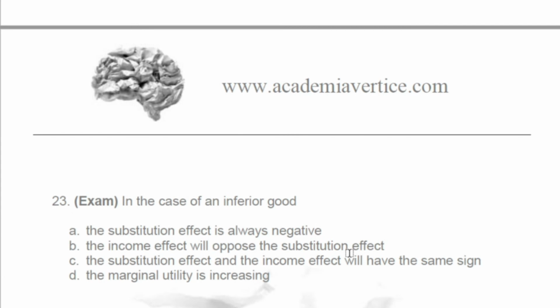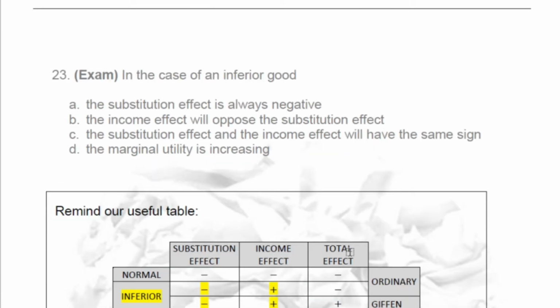Okay. Another exam question. In the case of an inferior good, and again the table. In the case of an inferior good, the substitution effect is always negative. Yes, as in all the goods except the perfect complements, and the perfect complements, if I remember correctly, are normal, not inferior.